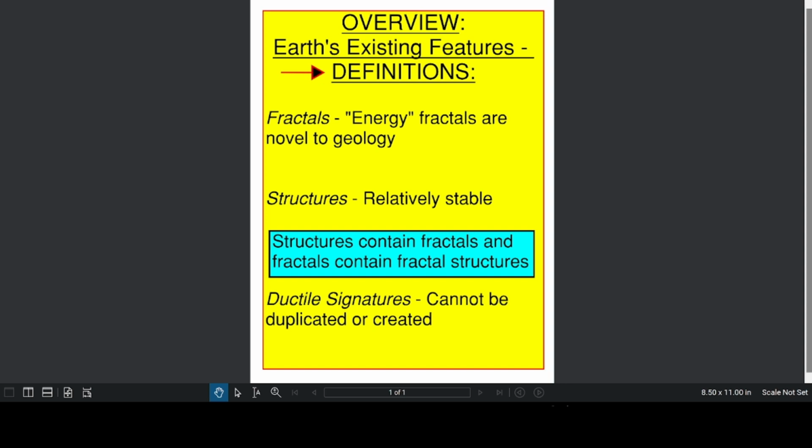The best way to see them is to take a screenshot of Google Earth and then zoom in and out. You'll see different fractals on different levels. Some of them come in really clear on one level, and then you just don't see them on another. You'll see a lot of examples of that if you really dig into my study and see different fractals on different scales.